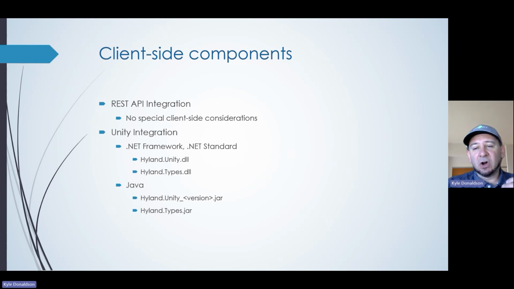These DLLs are dependent on the full .NET framework. For instances where the full framework is not available client-side, for example, a Linux or Mac environment, there are a couple of other options available here.